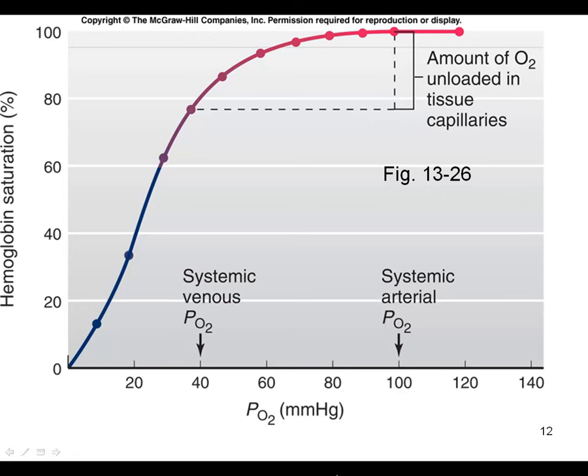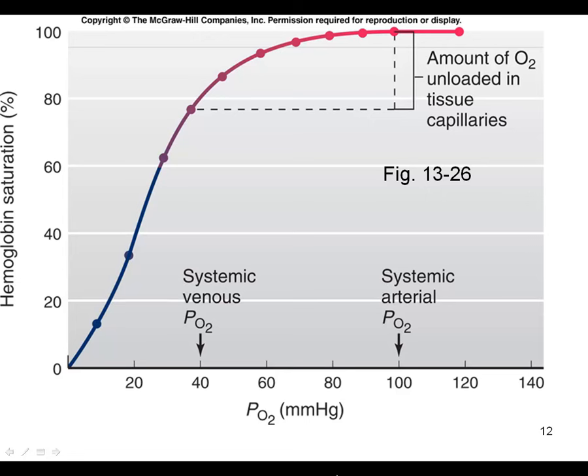Pretty darn close. And you notice the PO2 goes to 80, and we're still in the high 90s. It goes to 60s, and we're still at over 90% saturated. We get to be about 50, maybe we're 85% saturated. At 40, we're 75% saturated.